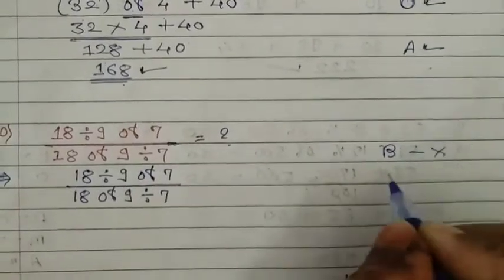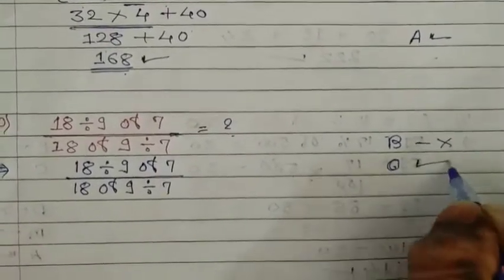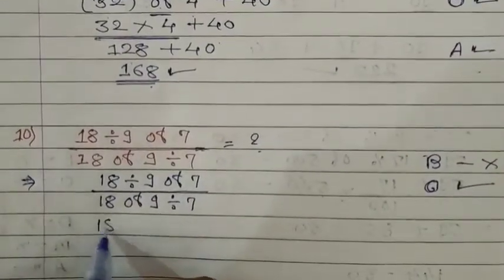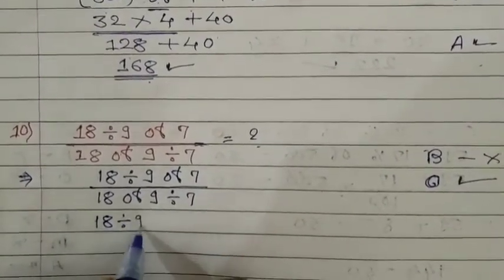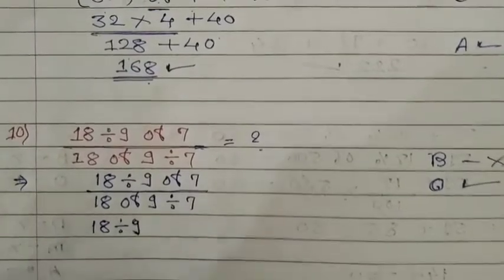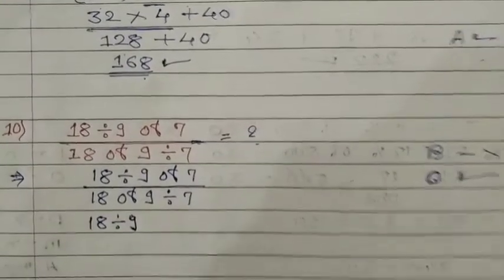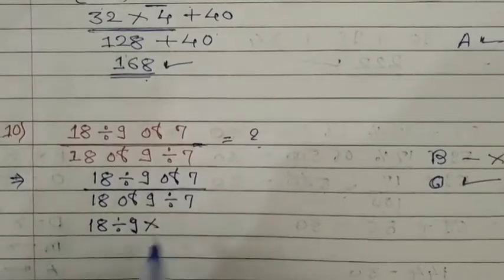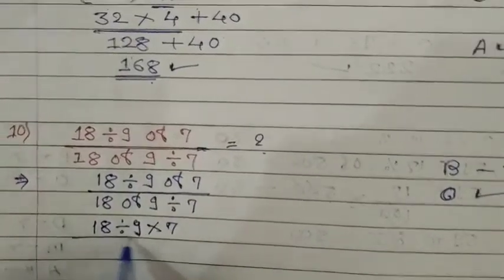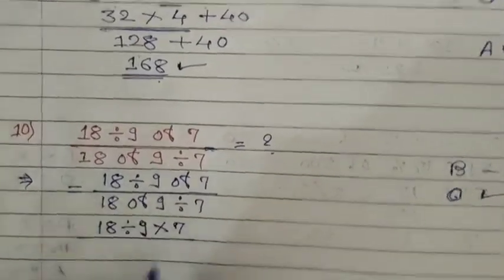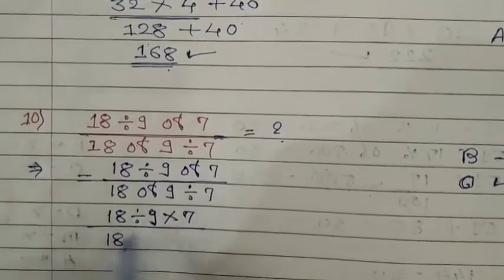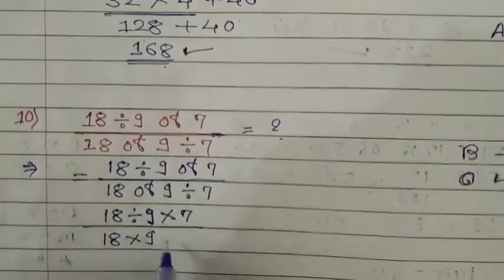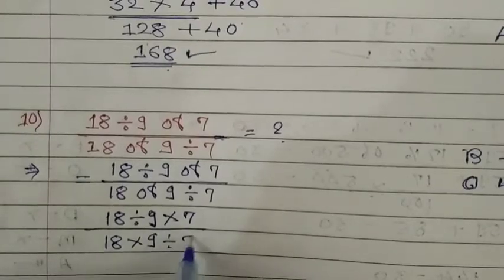No. Is there of? Yes. So firstly, solve of type. 18 divided by 9 as it is. Firstly, of. Of means multiplied by 7, so 18 divided by 9 multiplied by 7.